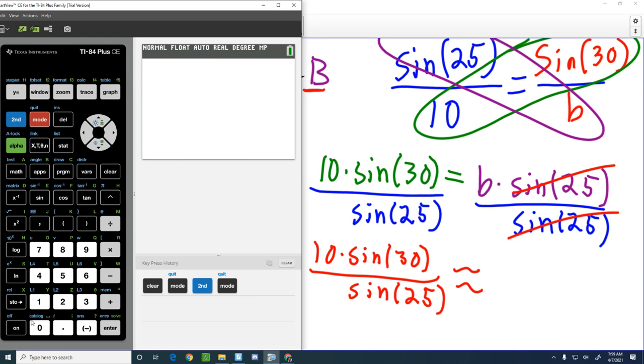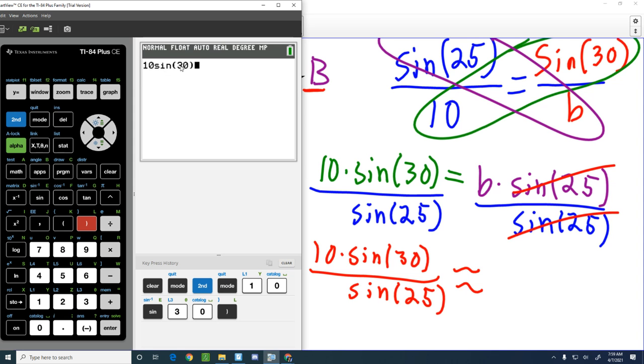Second quit. Then I just type in 10 times the sine of 30. Make sure you close off the parentheses because you're doing the sine of 30 degrees, so you're only taking the sine of the 30. Divided by the sine of 25.